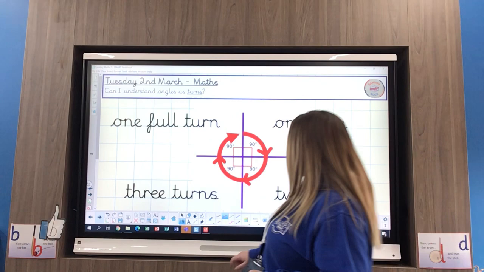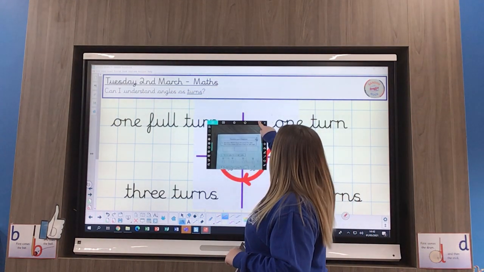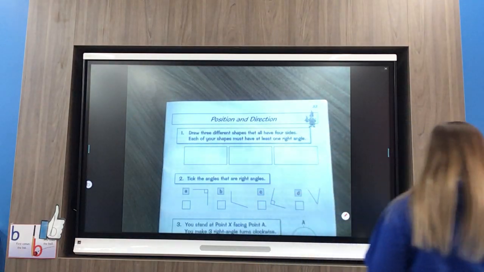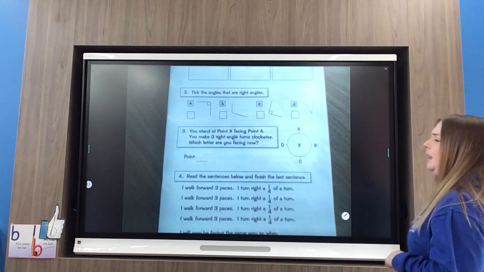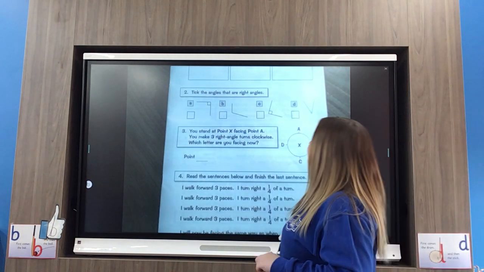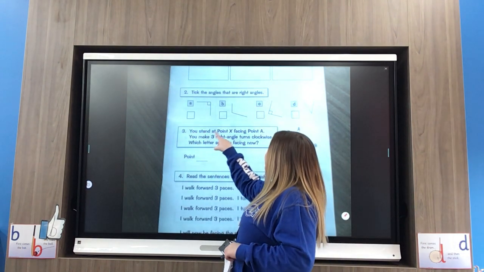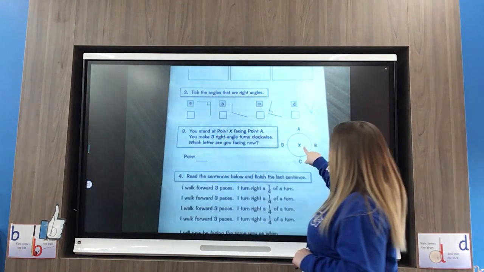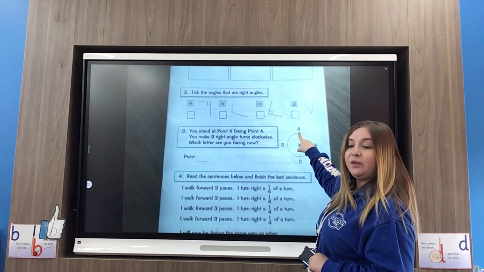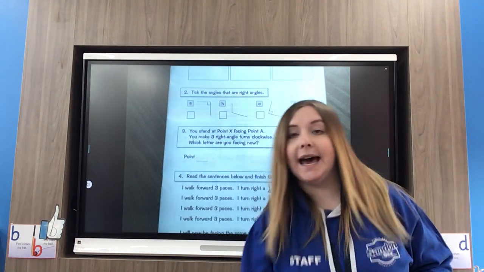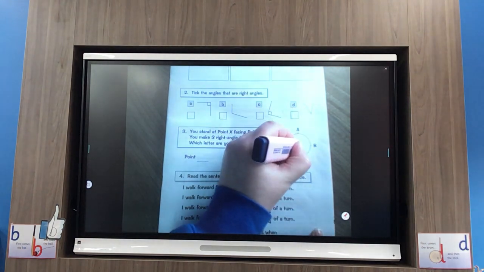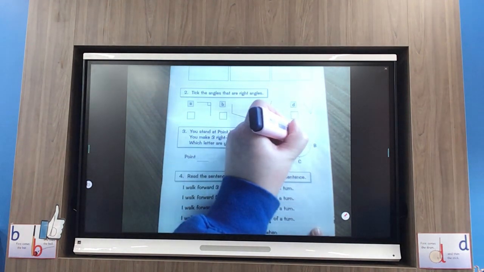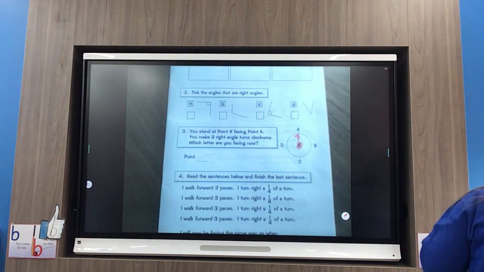Brilliant, Year 4. So this will help us with the next question. Facing A. I'm going to highlight those so we can see very clearly. So we'll start there, and we're facing A. Can we all see that?